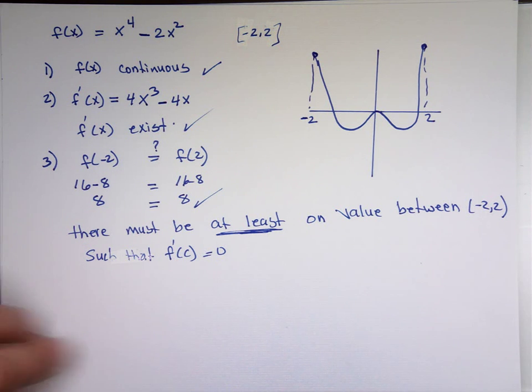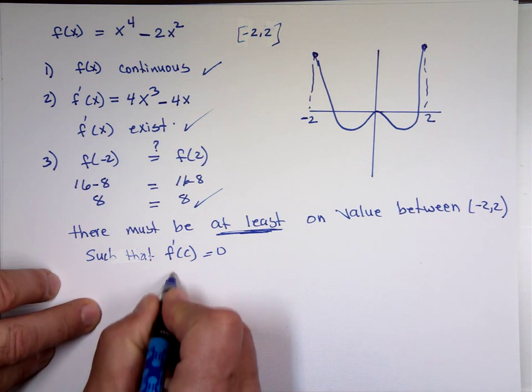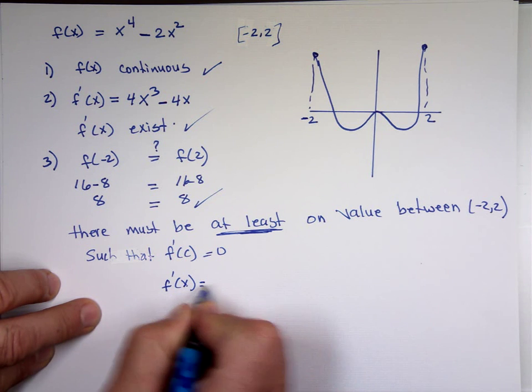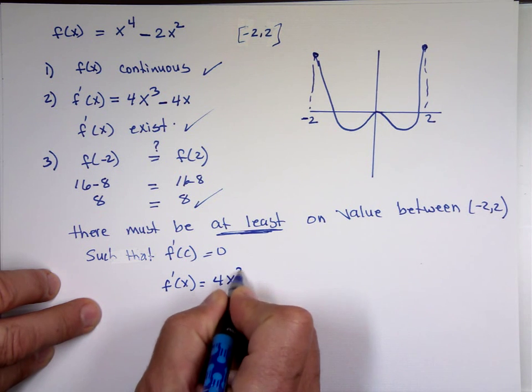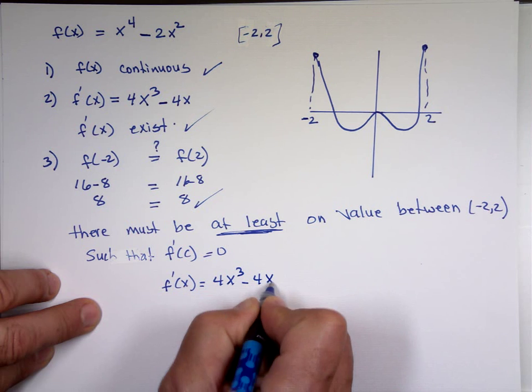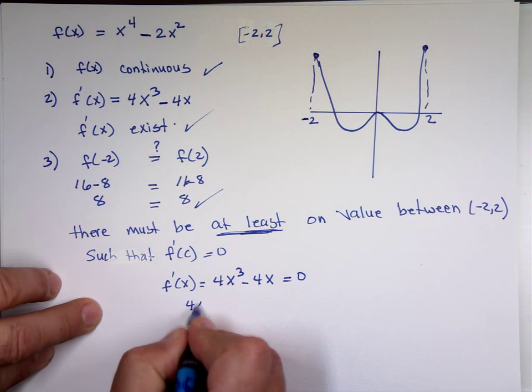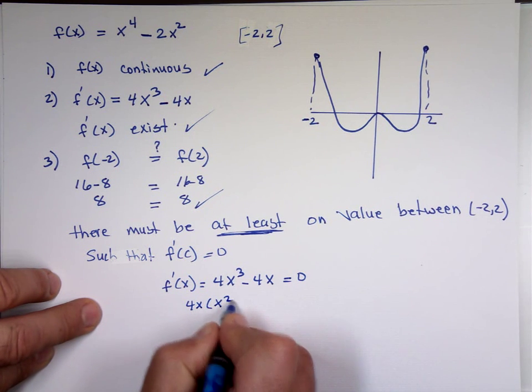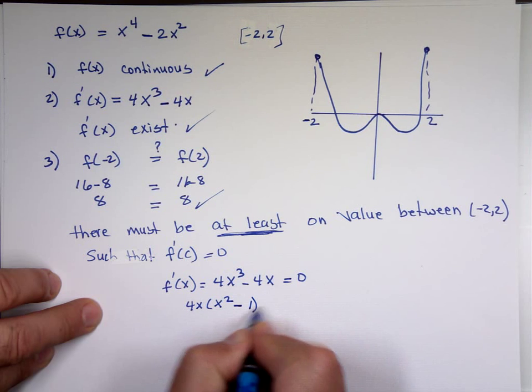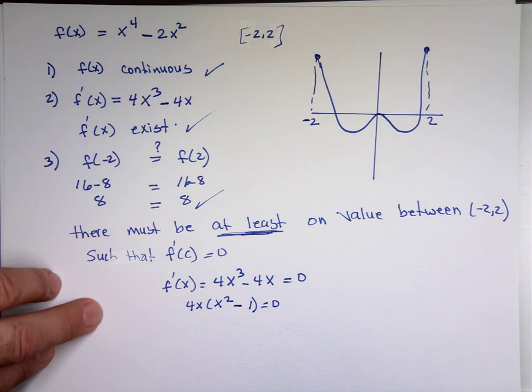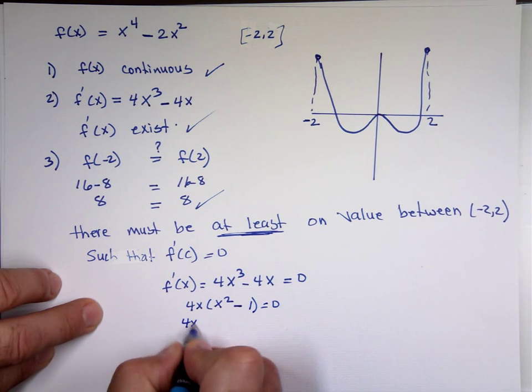So let me take my derivative and set it equal to 0. Factor the 4x out, what's left? X squared minus 1. Set each one equal to 0 and solve it.